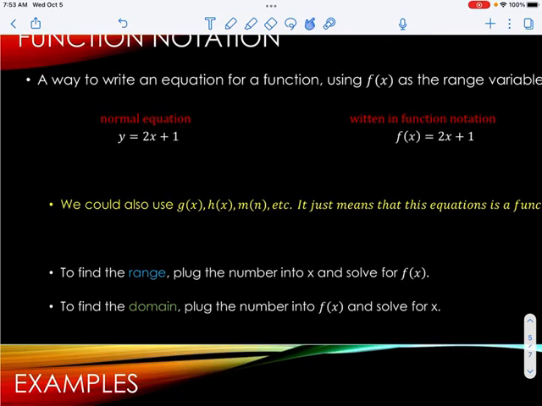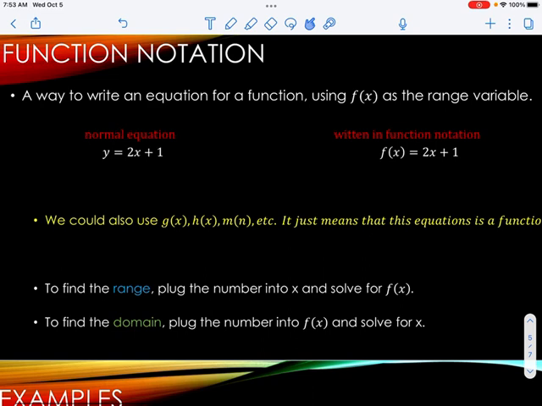All right, the next thing we need to talk about is this thing called function notation. Function notation is just a fancy way to write an equation for a function. So by writing it in this manner, you are saying that that equation represents a function. Remember, a function means that every domain maps to exactly one range. So we are saying that by writing f of x in function notation.